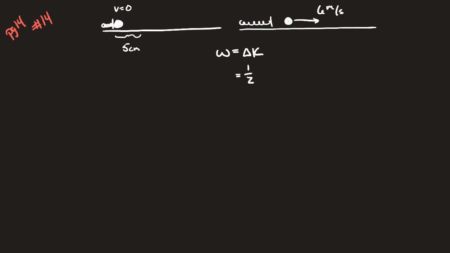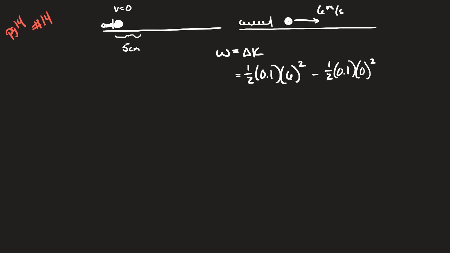That'll be 1/2 times 0.1 times 6 squared, 1/2 mv squared, minus the original kinetic energy, which is 1/2 times 0.1 times 0 squared. It was launched from rest. Don't be complacent about the initial velocity and final velocity. If they're moving when they have the work done, you need to make sure you realize it's the change in kinetic energy. That's an easy way to mess you up on the exam. I don't think they're going to try and do that, but I just want to throw it in there.